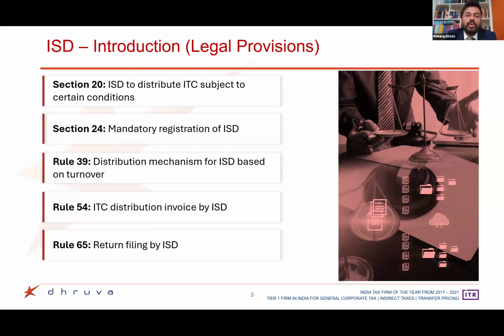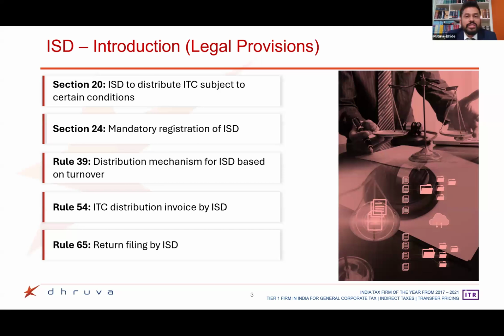If we see the GST law, there are several legal provisions under the GST Act as well as GST rules which deal with and provide for the ISD mechanism in detail. So we have section 20, which lays down the foundation of ISD mechanism. We have section 24, which says that an ISD has to obtain a separate ISD registration mandatorily.